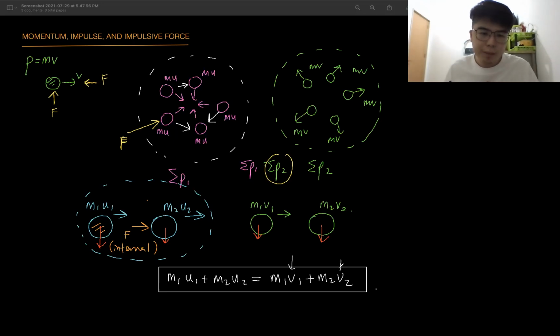If these two speeds are equal, then we can factorize out m1 plus m2. You get another one. Actually, it's the same thing, just the derivation. So this is applied for inelastic collision.